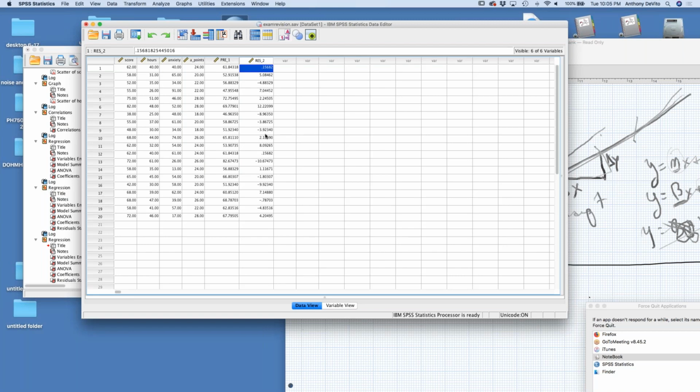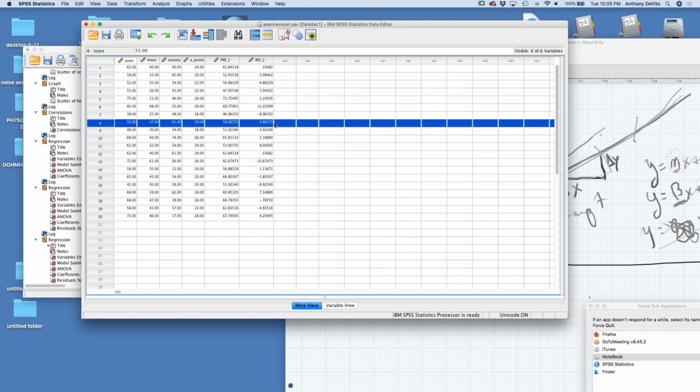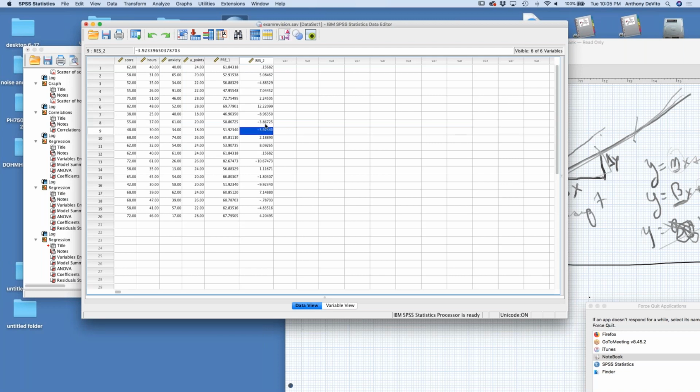For instance, this person over here, the difference was -4. In other words, we got 59 versus 55. So his actual exam score was 4 points less than we had predicted.